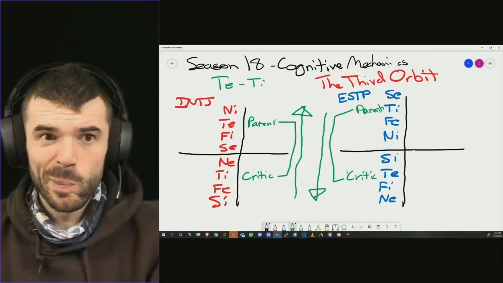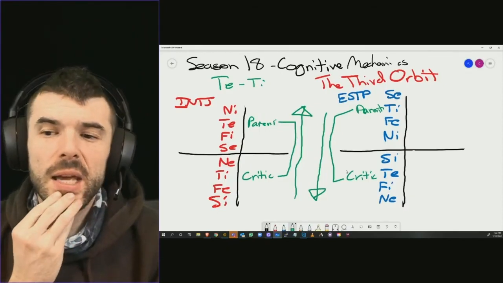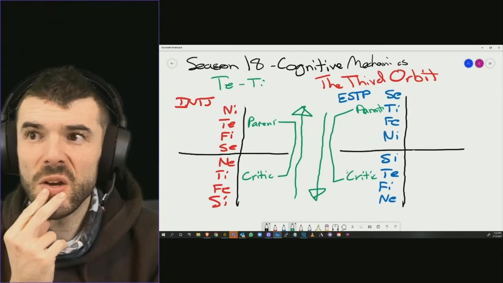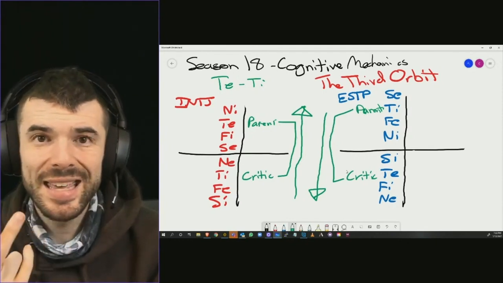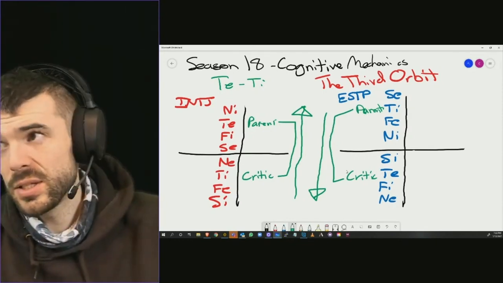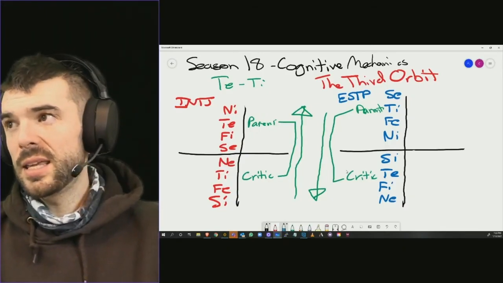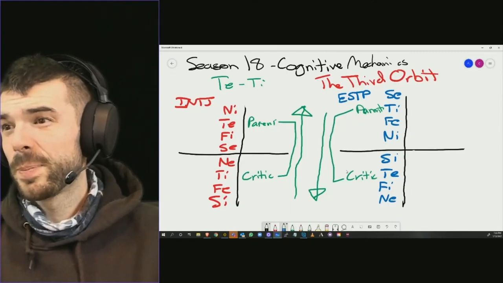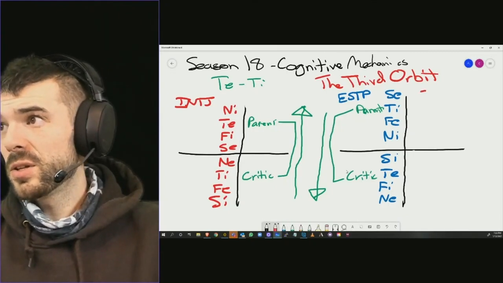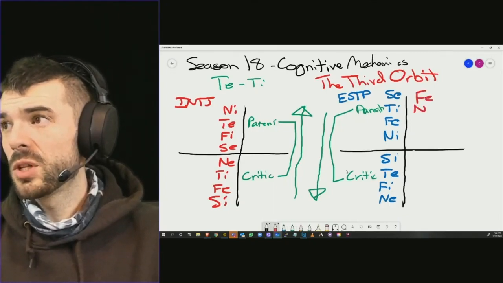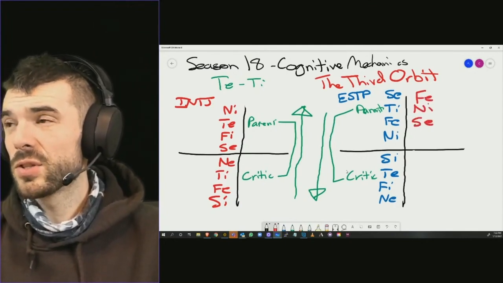Why is this relevant? It's relevant because a person could actually utilize cognitive orbit to get in there. Since we're using TI and TE, we can do that again right here. Let's look at an ENFJ, for example, since we're picking on Templars tonight for some reason.